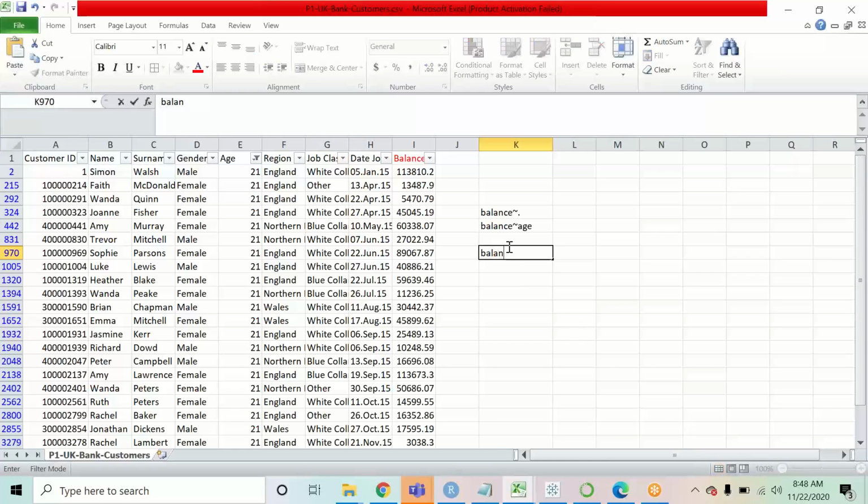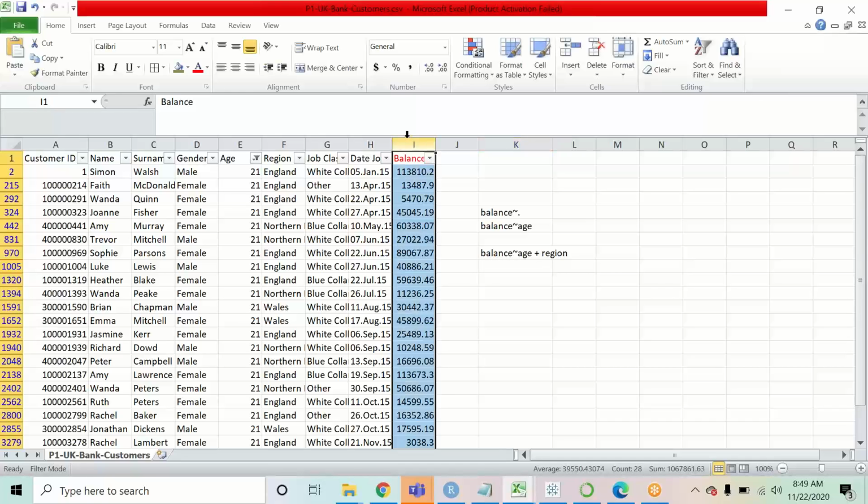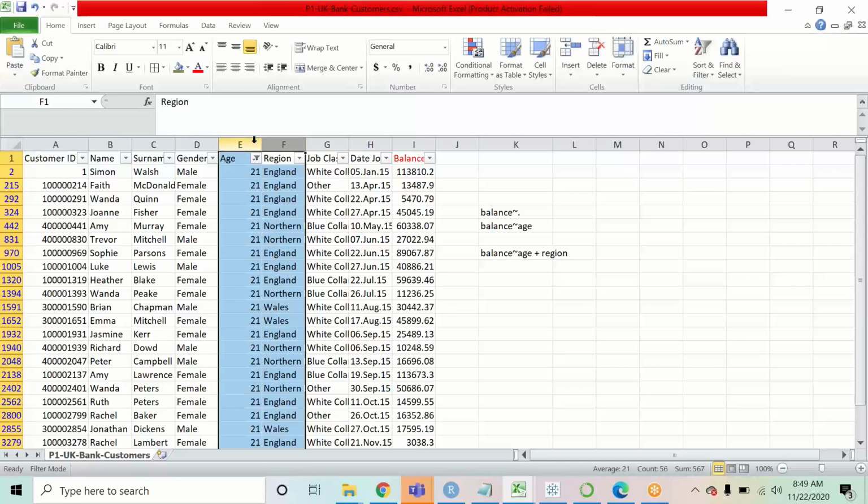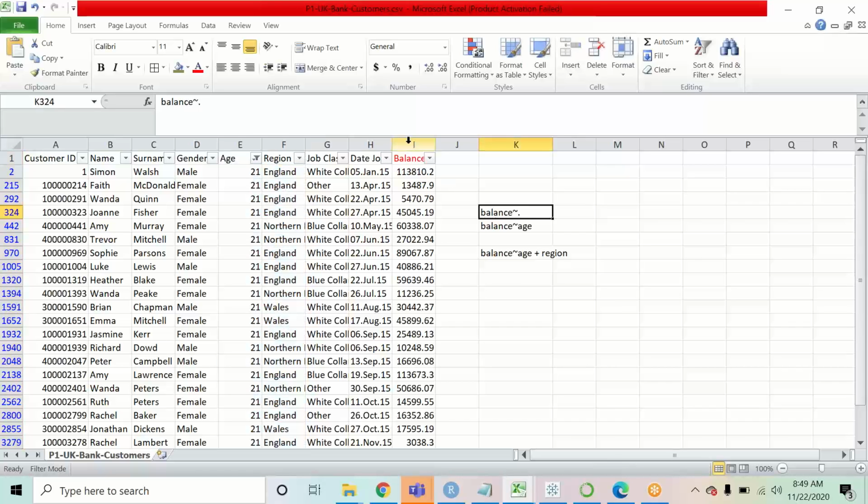If I say balance is dependent on age plus, suppose I say region, then the formula will use this column and these two columns. It will not use the rest of the columns. But when you say period, period means the model will be using all the variables to understand balance. Okay, so class, to all of you as well, is it clear?